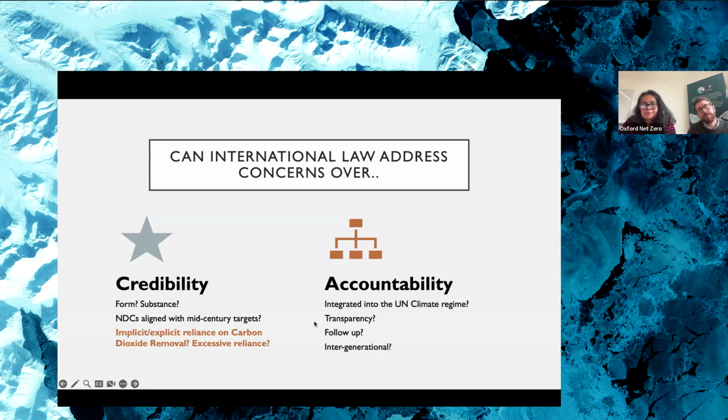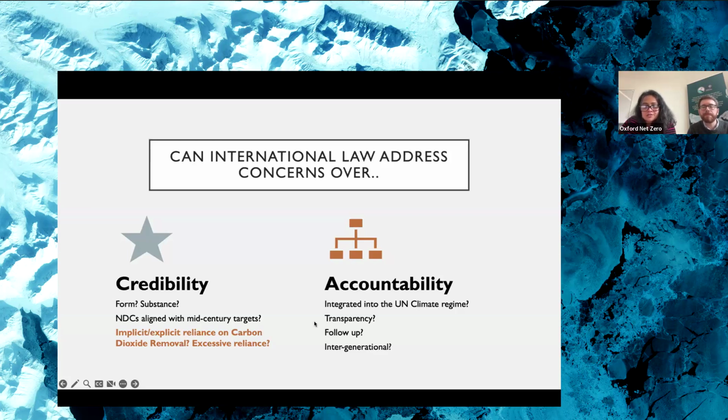And what kind of challenges are there with respect to intergenerational justice and intergenerational equity, in that, to the extent that states are limiting rapid and steep reductions in the near term and postponing action to later on, on the promise of CDR or other technologies, does that not pose a significant burden on future generations at the cost of current generations?